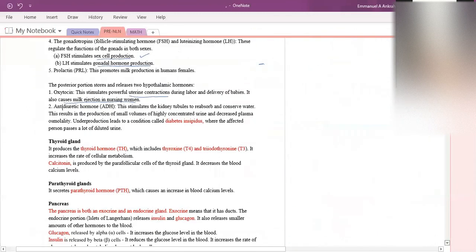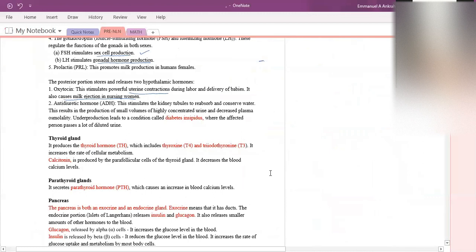So the thyroid gland, what does it do? It produces the thyroid hormone. The thyroid hormone, there are 2 types: the thyroid or T4, and they have T3, right? If you remember your anatomy and physiology, T4 and T3. T4 is known as thyroxine, and T3 is known as triiodothyronine.